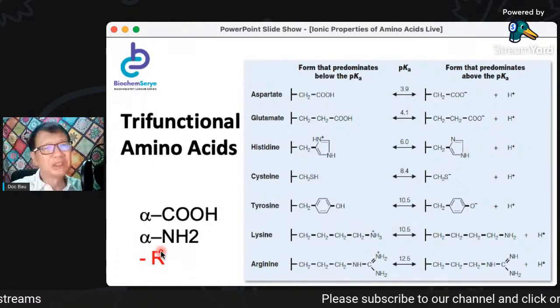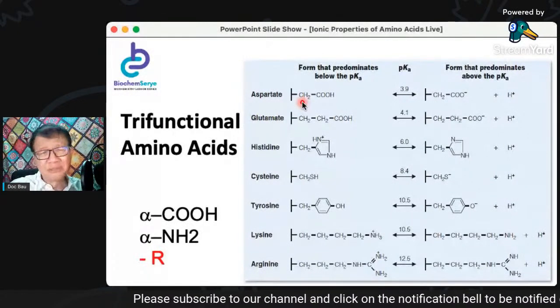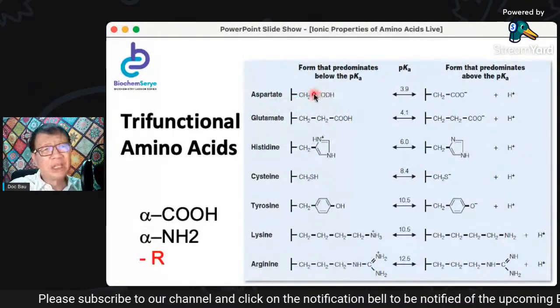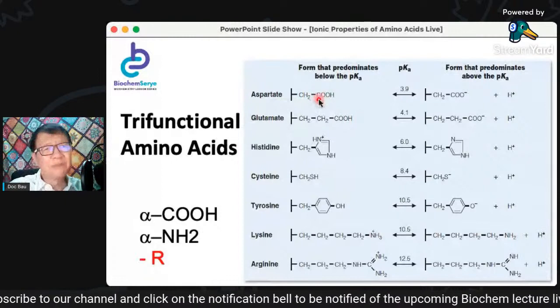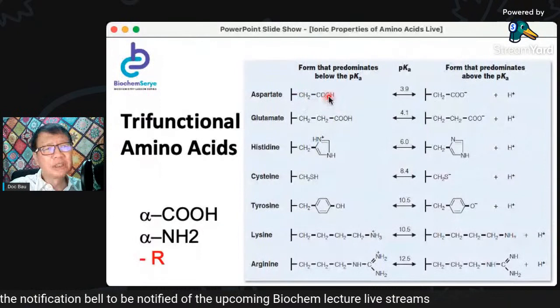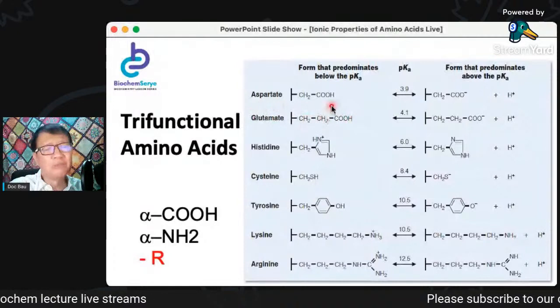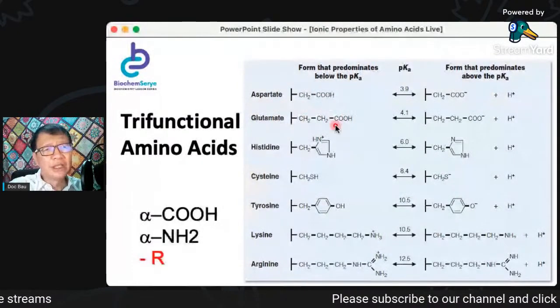I mentioned this a while back. In almost all the exams, they ask the functional group. For aspartate, this is your beta carboxyl. This is the most acidic. For glutamic acid, it is your gamma carboxyl. They are acidic.